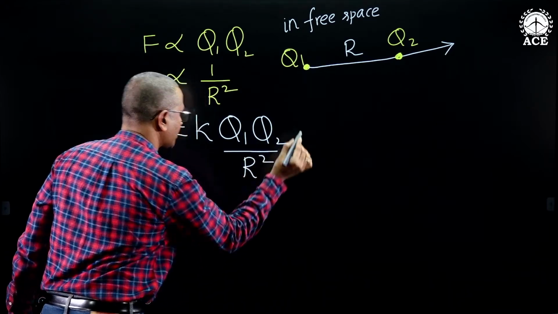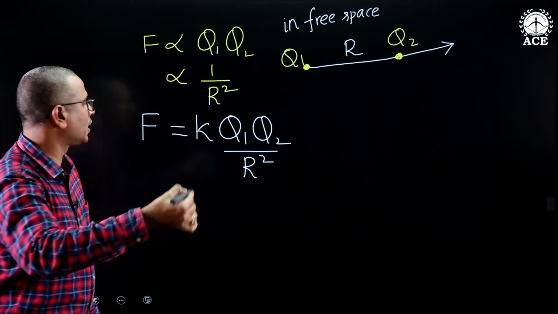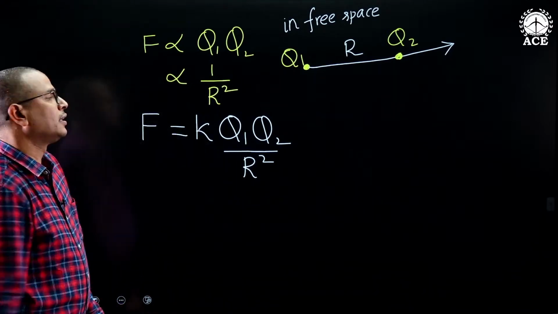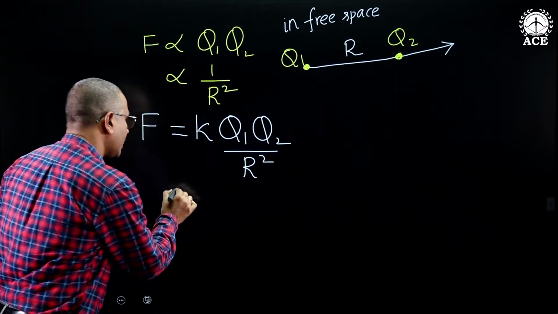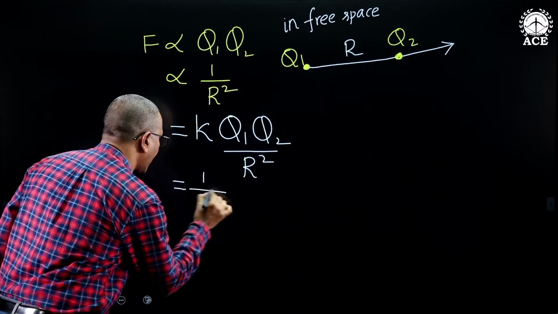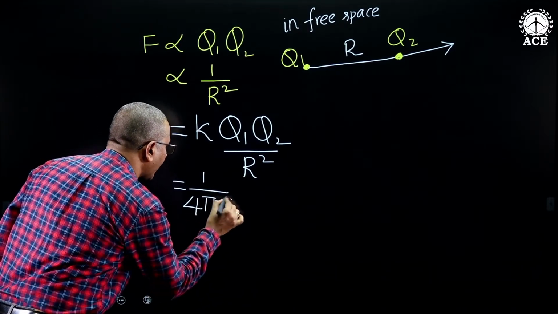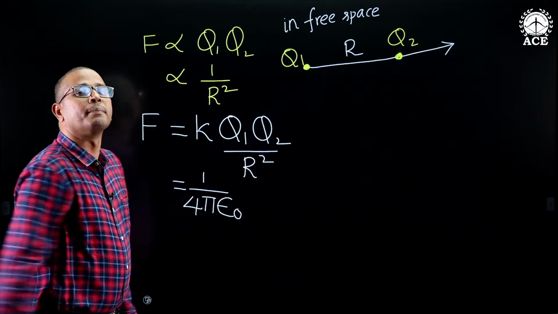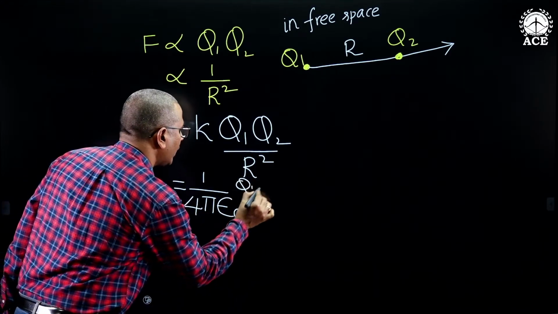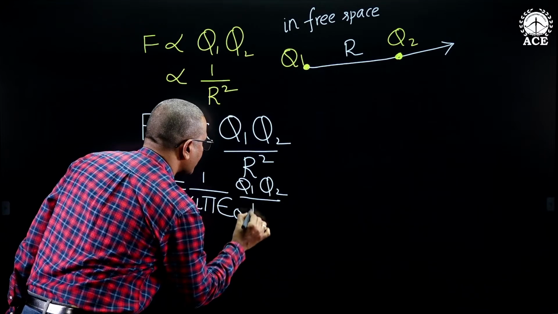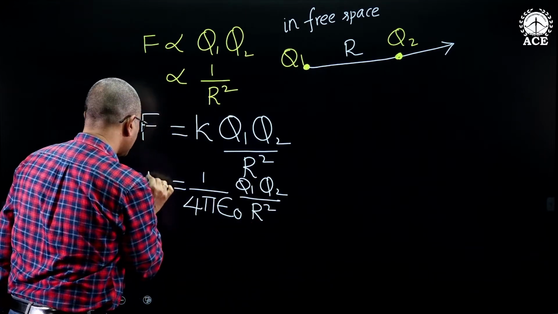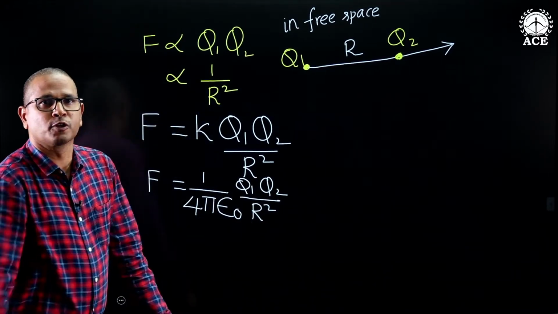This is a basic equation. But according to his mathematical approach and practical analysis, Coulomb took this proportionality constant as 1 by 4 pi epsilon naught. So F equals 1 by 4 pi epsilon naught, times Q1 Q2 by R square.